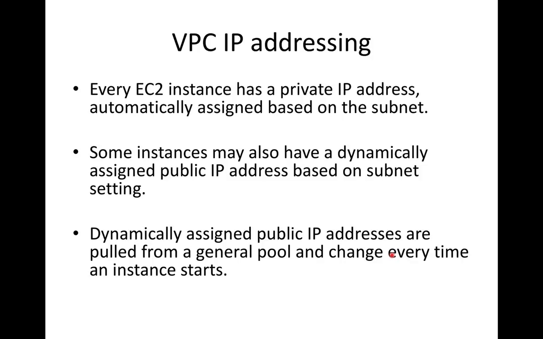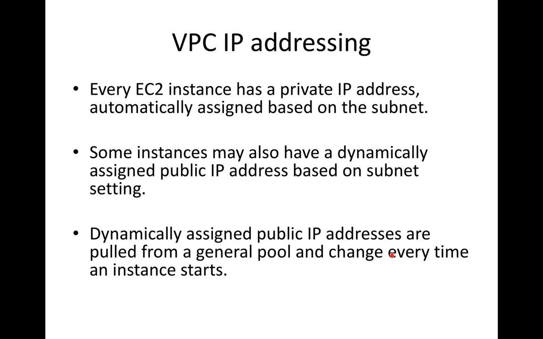Some instances that you launch may also have a dynamically assigned public IP address. And that public IP address is based on a subnet setting. So some instances will have both a private IP address, which is absolutely required, and they may also optionally have a public IP address.